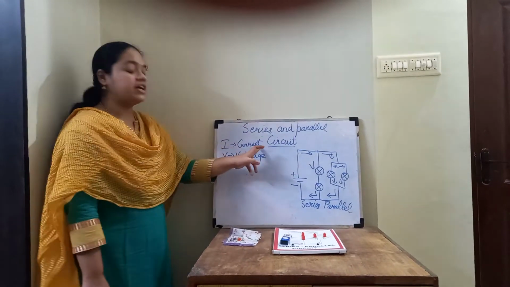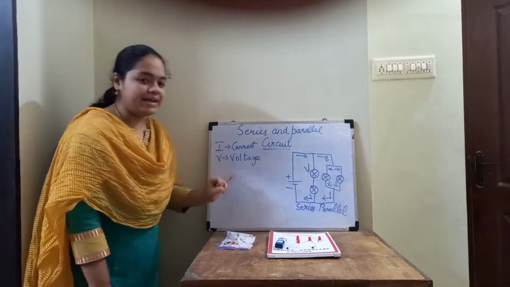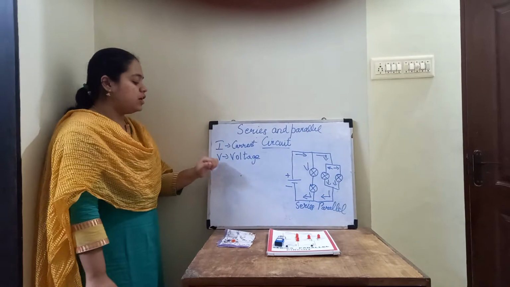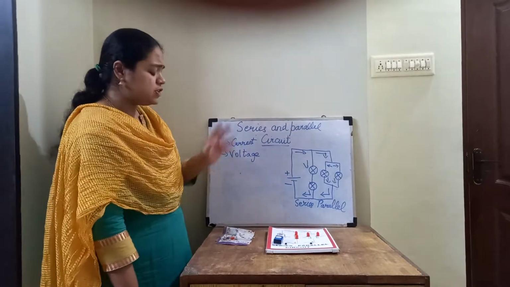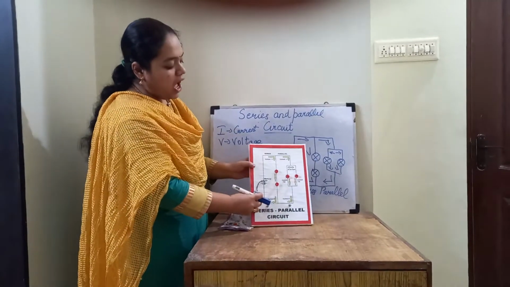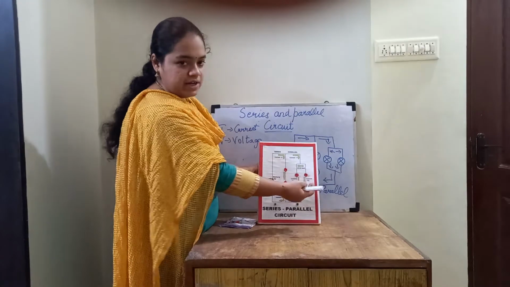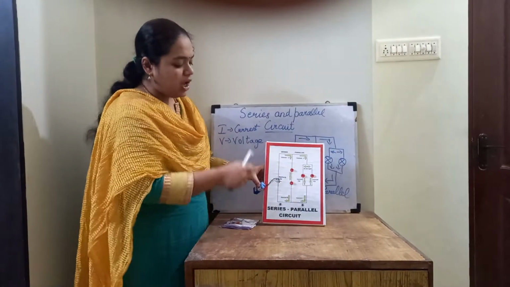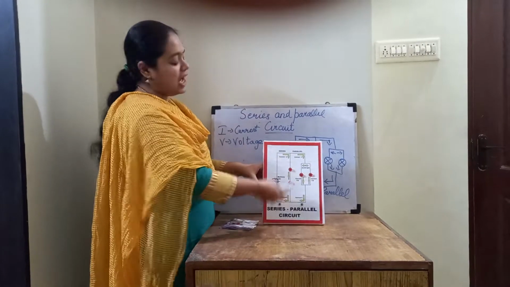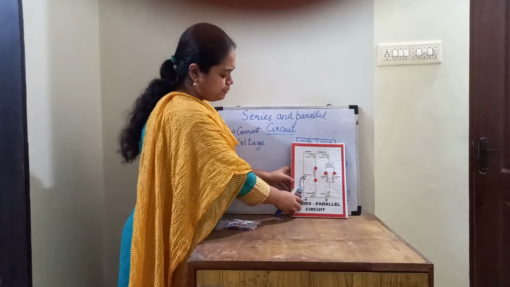The first one, the current, is defined with the symbol I, and the second, the voltage, is defined with the symbol V. So now I have a circuit which is connected in a series as well as in parallel. Let me show you this, and by showing you, I'll tell you the difference between the two types of circuit.